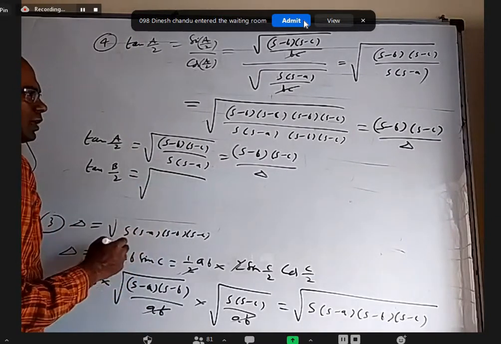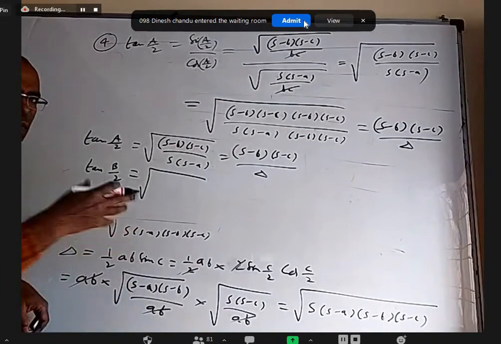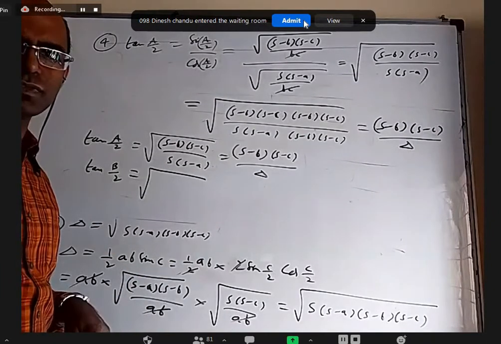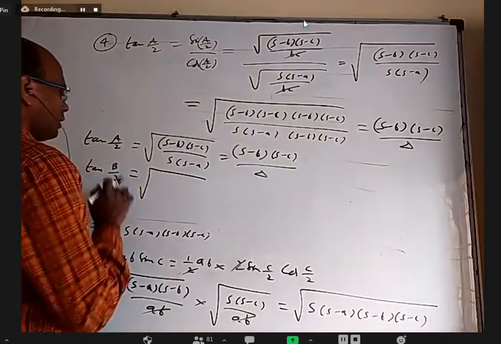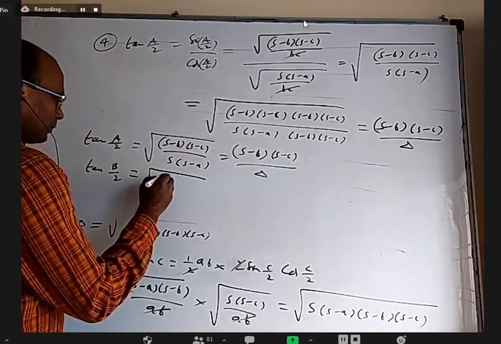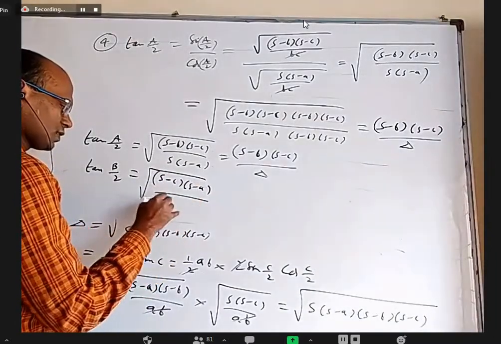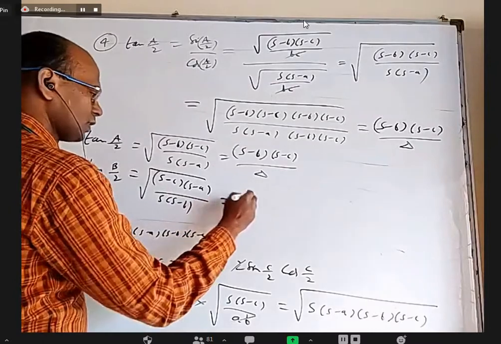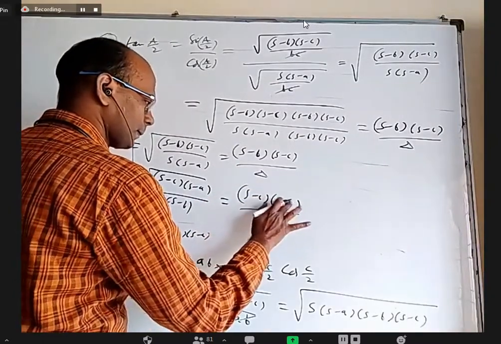Tan B by 2. Yes, instead of changing, I thought I will do that in cot A by 2, not here, because I don't use that formula for tan. I use it for cot. That's why I'm skipping that for the time being. Tan B by 2 is similarly (s minus c)(s minus a) by s(s minus b). That is (s minus c)(s minus a) by delta.